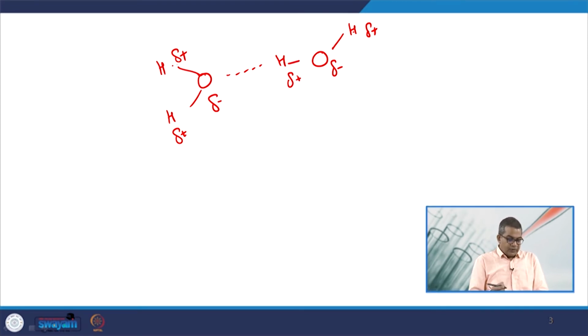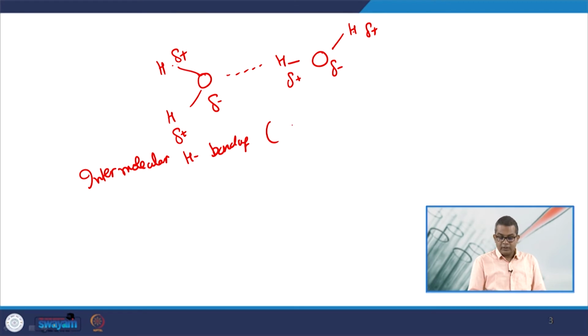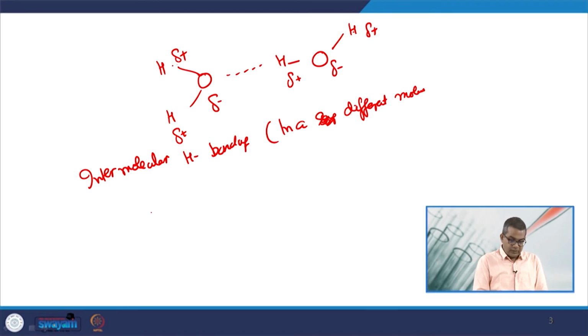Now, let us have a look at intermolecular hydrogen bonding. As I told you, this is in a different molecular system. So, this is your example of a urethane.